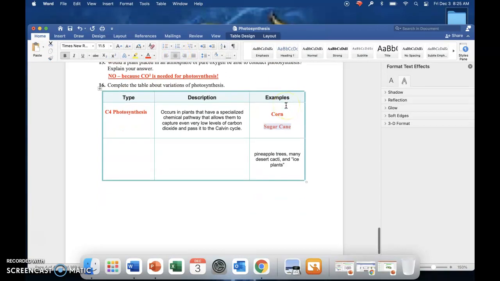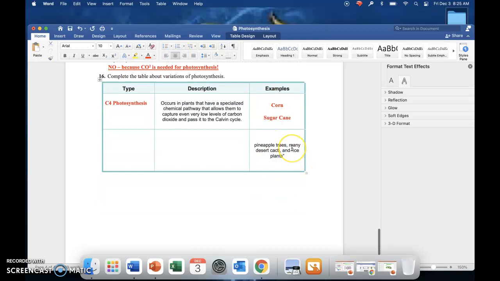There we go. And then we also have pineapple trees, desert cacti, and ice plants. Okay, what's this called? They use something called the CAM method. CAM.